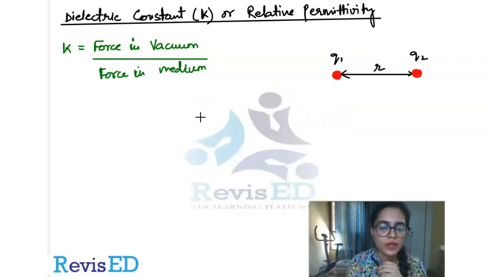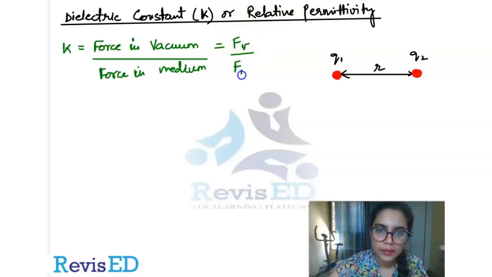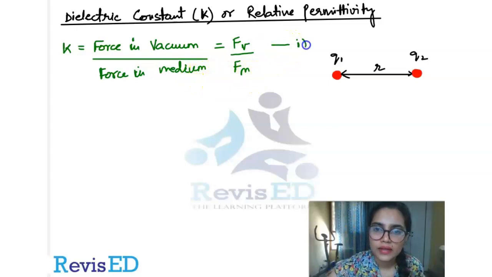So let us see how we can derive the formula for the same. We represent the force in vacuum by F subscript V and that in medium by F subscript M. Let us consider this as equation number 1.